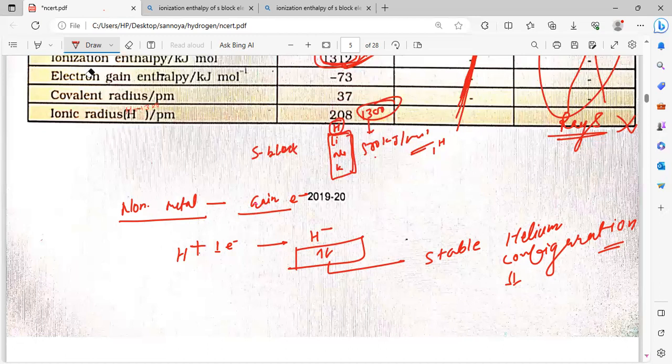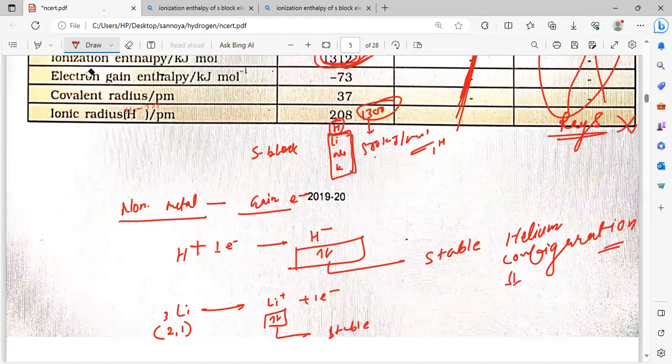Yes, but you talk about lithium. Lithium is having 3 electrons, 2, 1. So it has the tendency to lose 1 electron, and by losing 1 electron it will have 2 electrons just like the stable helium configuration.